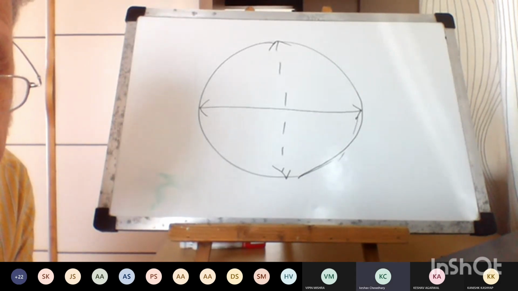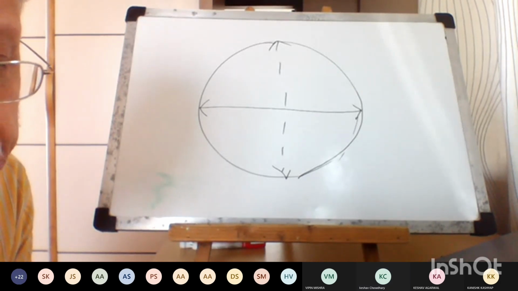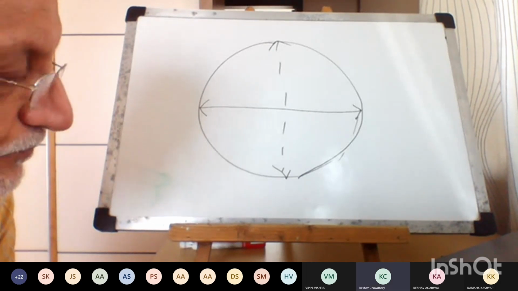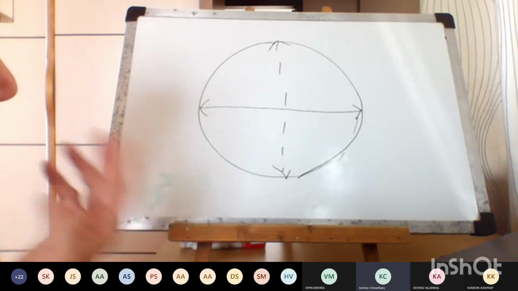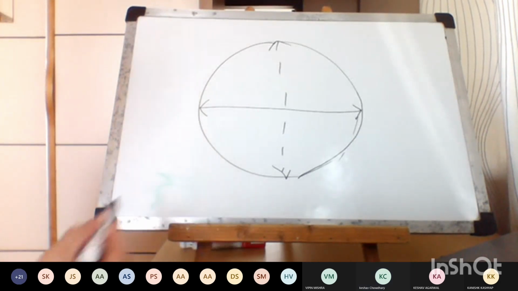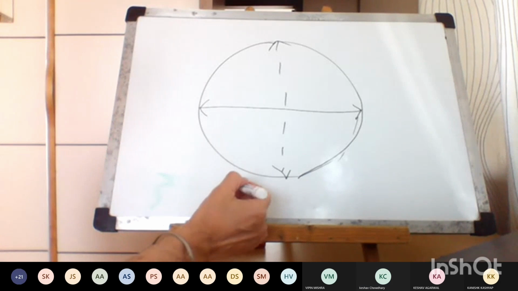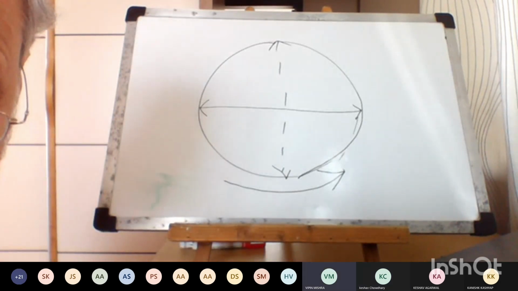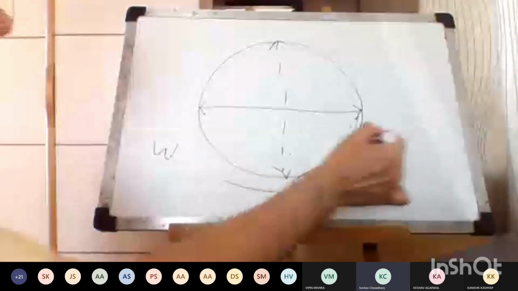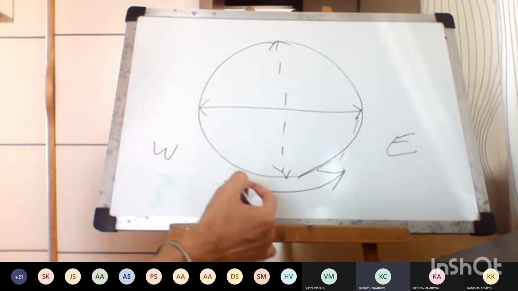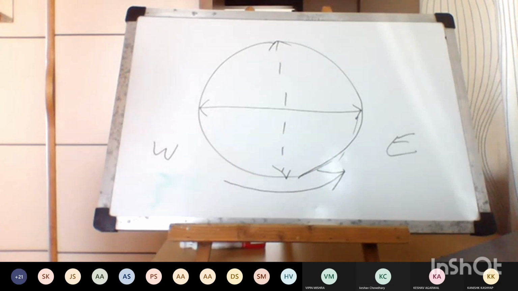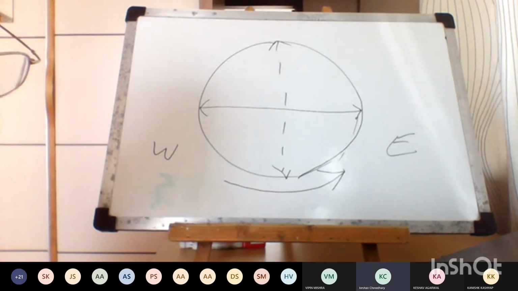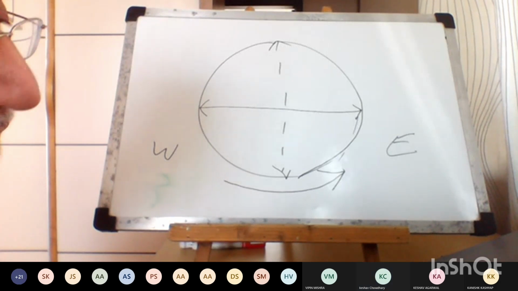portion of the Earth is causing a very, very slight discomfort to us, in the sense that when the Earth is spinning, you know in which direction she is moving? The daily rotation, west to east. If this is the west, this is the east. So the Earth is rotating in this direction, west to east, and the speed is tremendous, but we don't feel the speed.